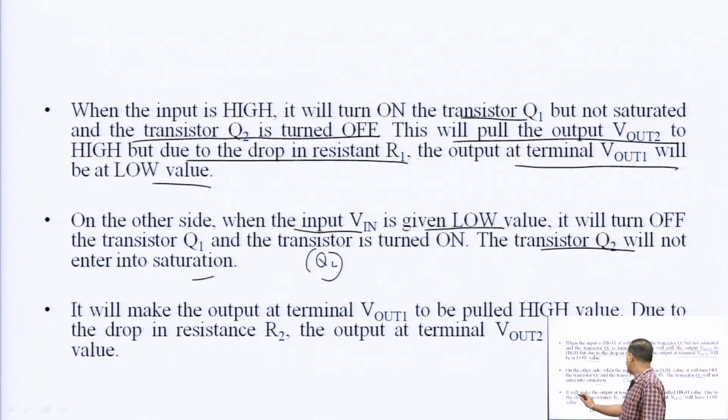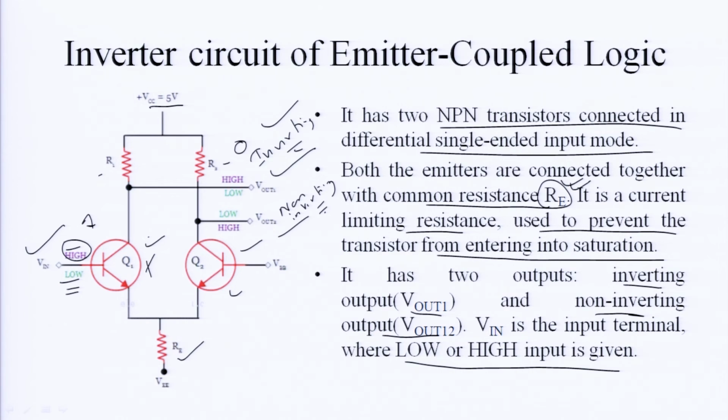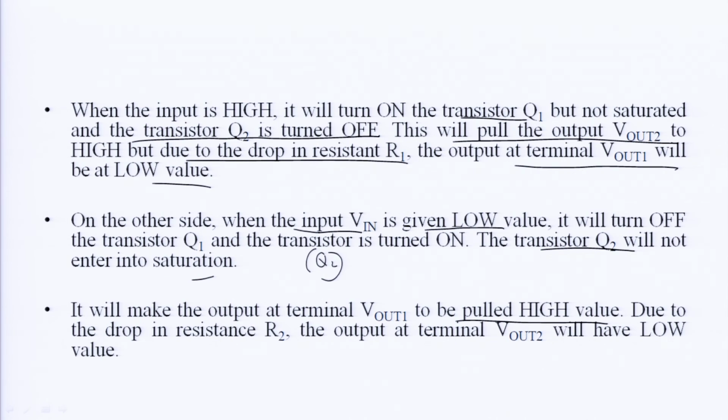It will make the output of terminal V out 2 pulled high, meaning here we are giving 0 and getting 1. So again we are getting an inverted output. Due to the drop of resistance R2, the output of terminal V out 1 will have a low value. Okay. Got it.